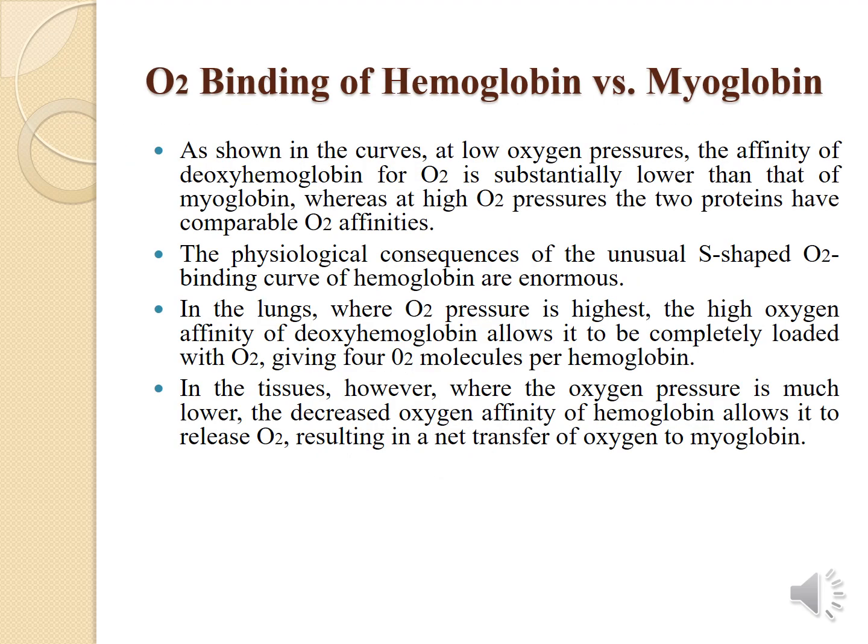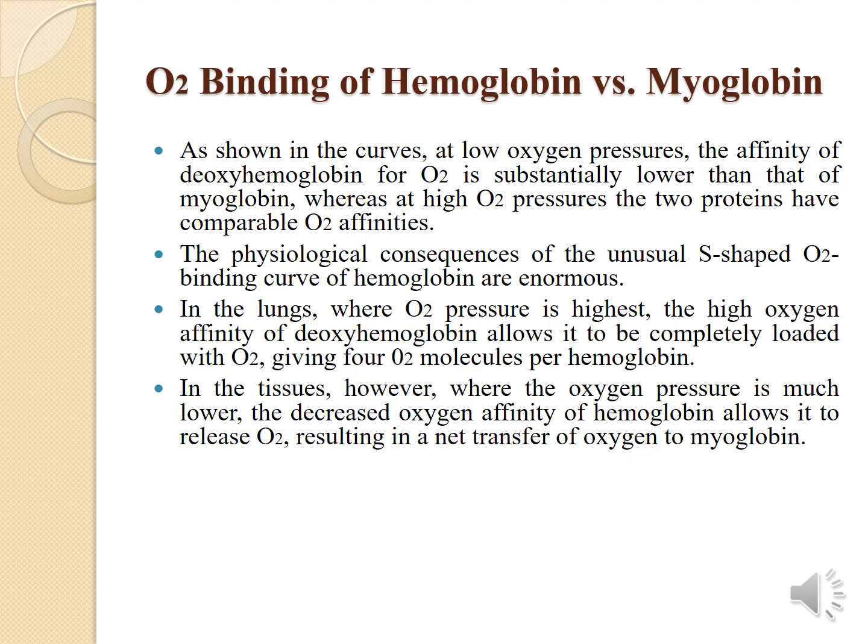This slide shows the oxygen binding of hemoglobin versus myoglobin. As shown by the graph, at low oxygen pressures the affinity of deoxyhemoglobin for O2 is substantially lower than that of myoglobin, whereas at high O2 pressures the two proteins have comparable oxygen affinities.